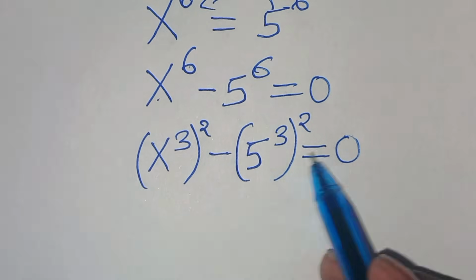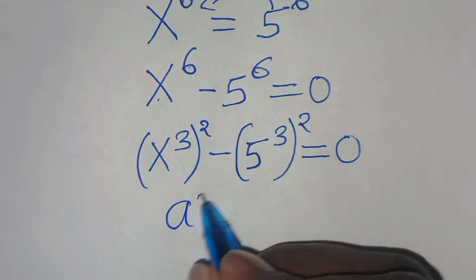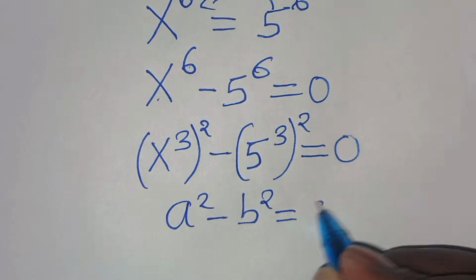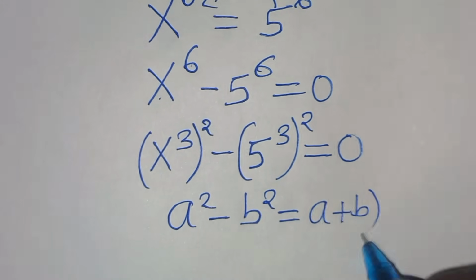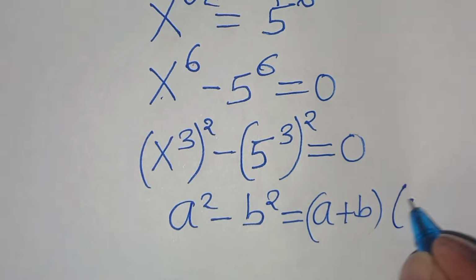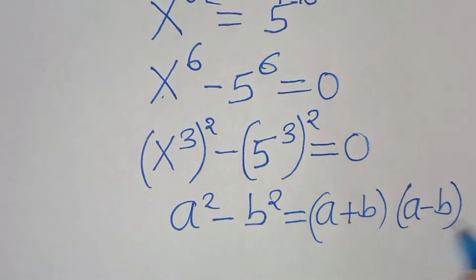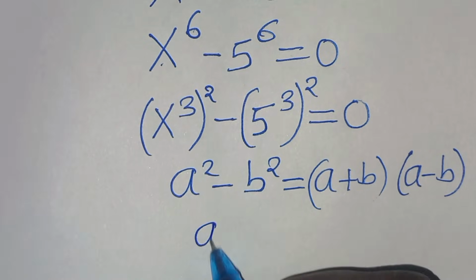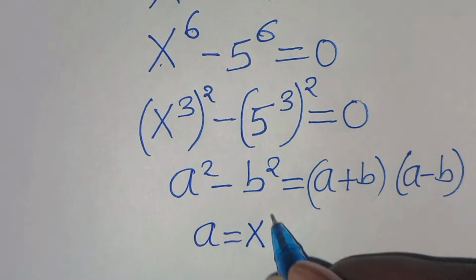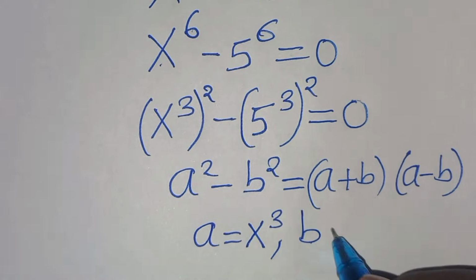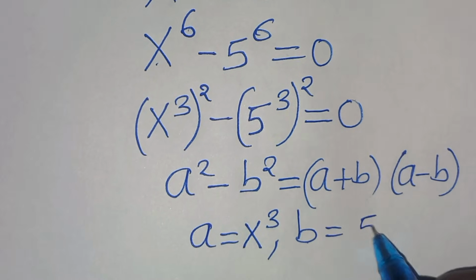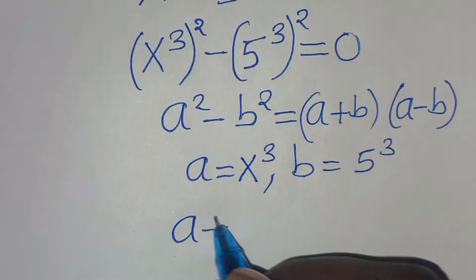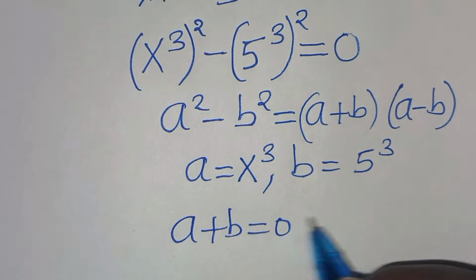This equation is in the form of a squared minus b squared, which we can express as a plus b multiplied by a minus b. From this equation, we have that a is equal to x to the power of 3, and b is equal to 5 to the power of 3. So we have a plus b equal to 0.